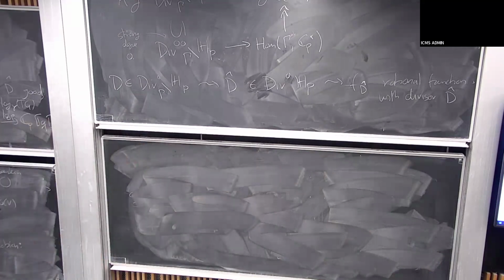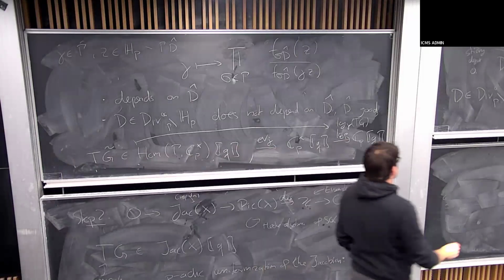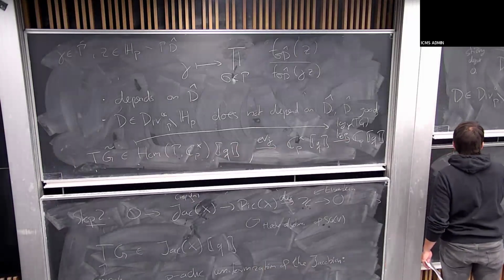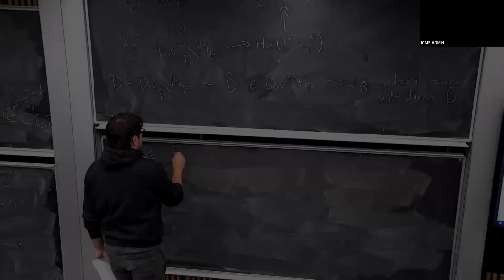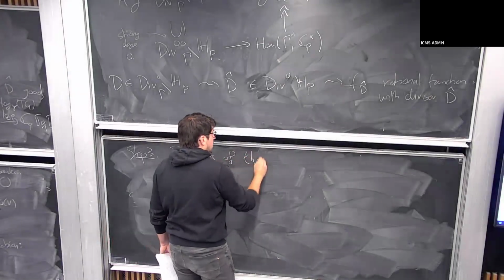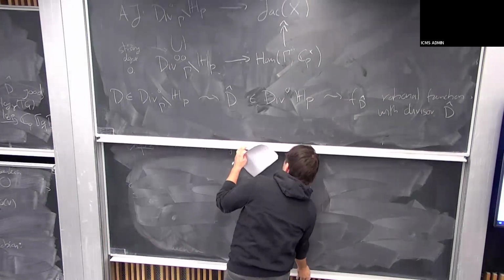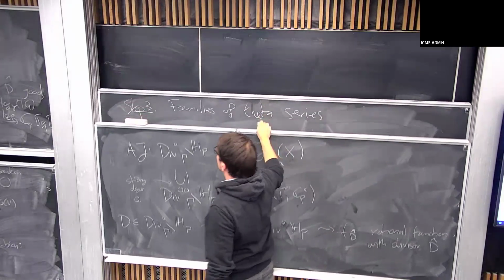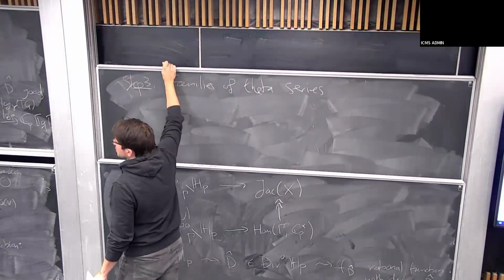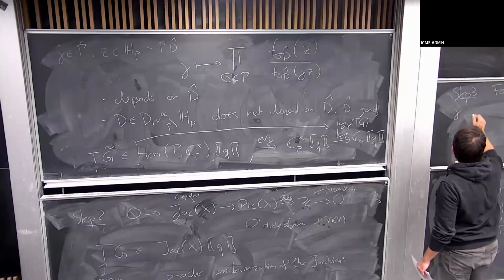Now, finally, step 3, which is the families of theta series. You start with your gamma and you want it to be non-torsion.